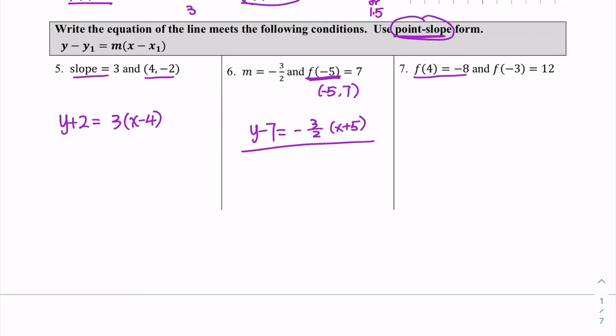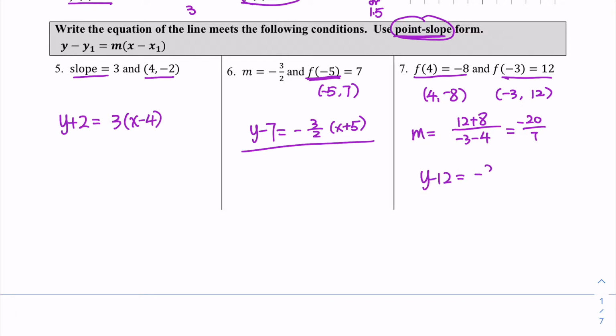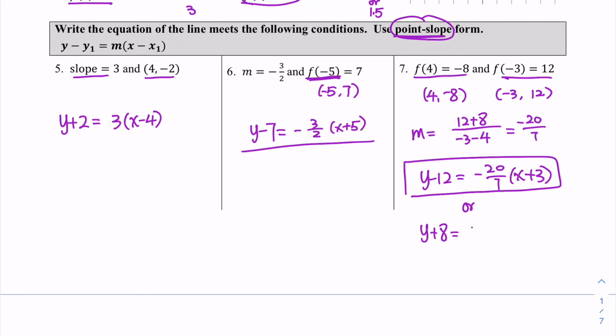So given 2 points, (4, -8), (-3, 12). First we find the slope, rise over run. 12 plus 8 over -3 minus 4, 20 over -7. So any point you want to pick, y plus 8 equals.